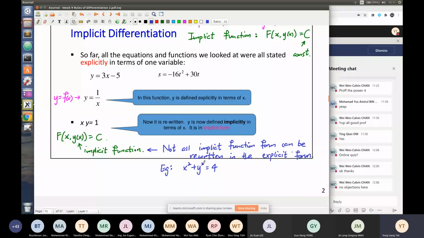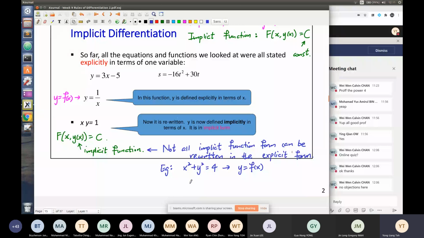Therefore plus minus does not satisfy the explicit function form. So in this example, it is not possible to define y as an explicit function of x, although it is possible to define y as two separate functions of x.